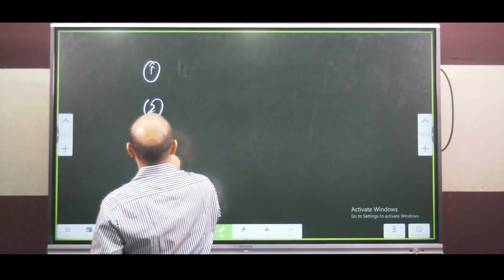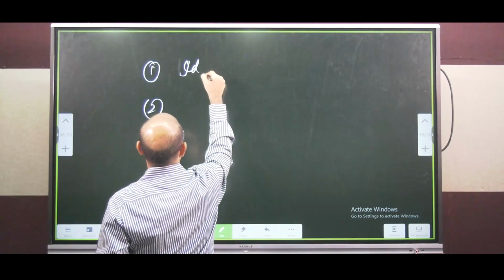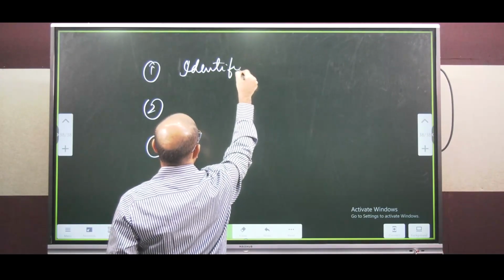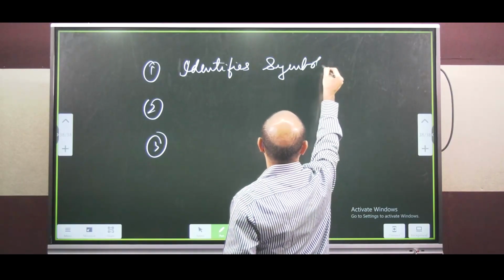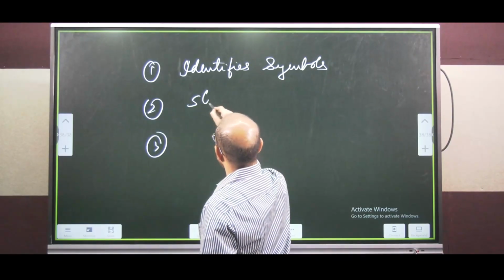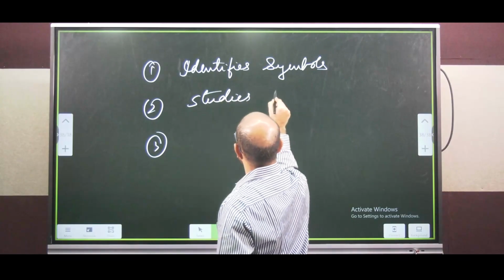His approach involves 3 steps. What are they? First, he identifies what are the symbols in society. Then studies the meaning of symbols.